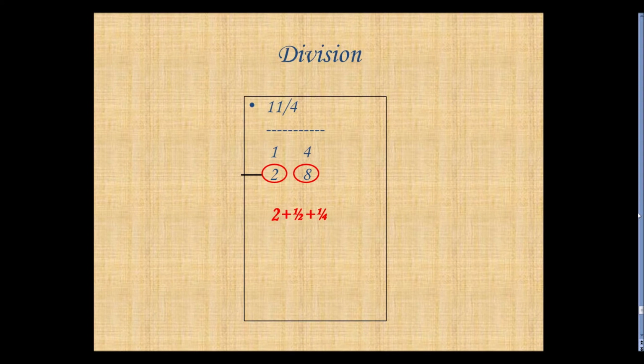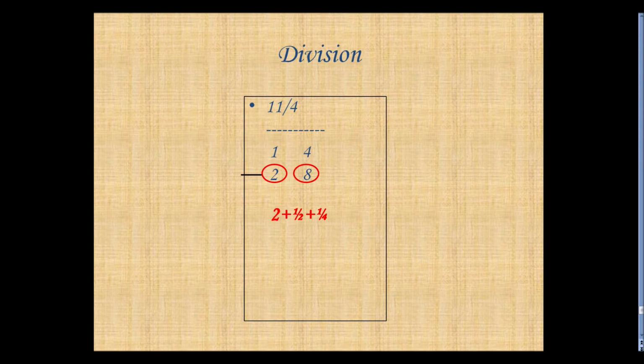We'll take 11 divided by 4. We build our two columns as usual, very short columns. We'll have 1 and 2 in the first column and 4 and 8 in the second column, and we stop here because if we double the 8 we would have 16, which is bigger than the dividend, which is 11.